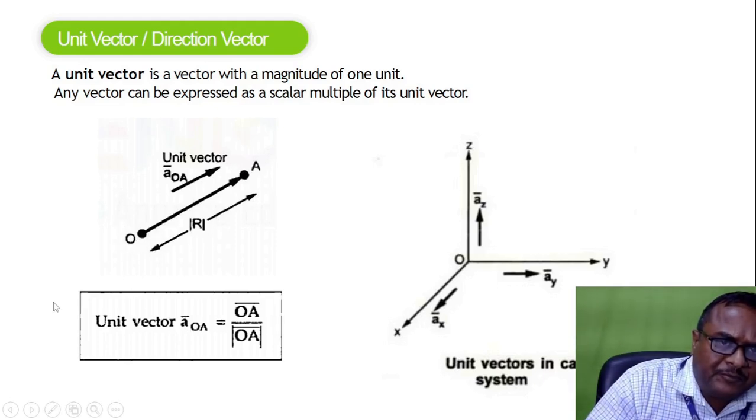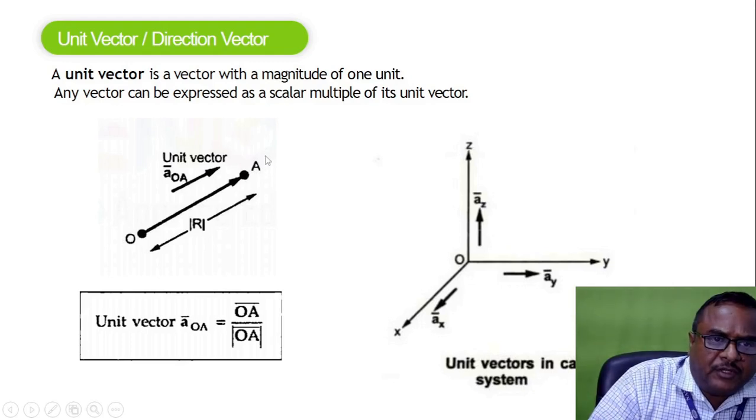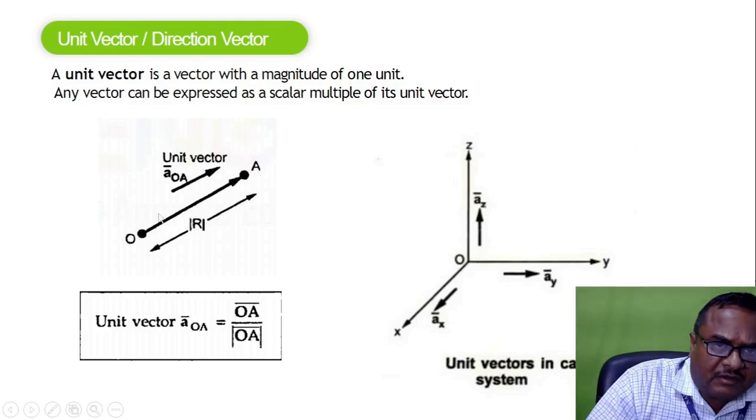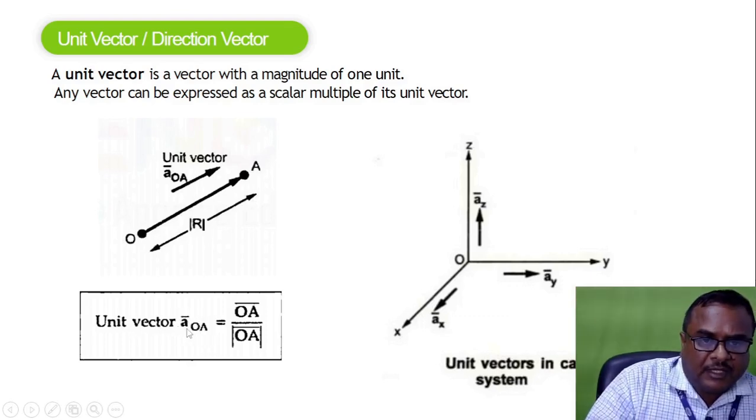In general, here we have the origin O, and then point A. So OA is our vector, and its magnitude is the magnitude of OA.